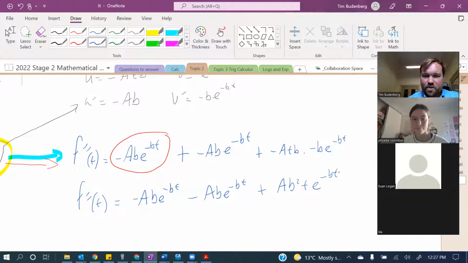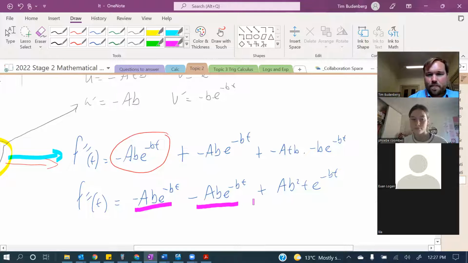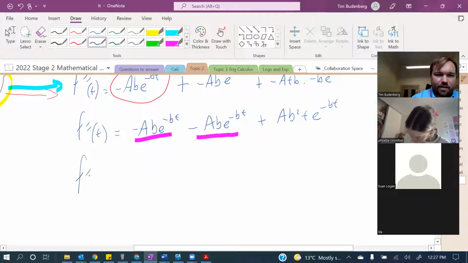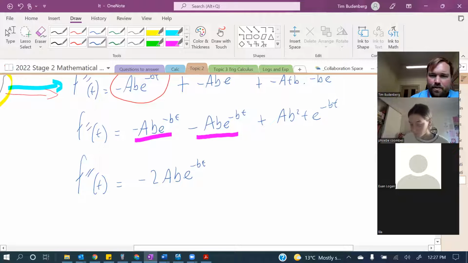All right, so you see these ones here? They're the same, so we can basically collect like terms. Instead of minus one lot of it and minus one lot of it, I can just write minus 2AB e to the minus BT, both of those combining into that.